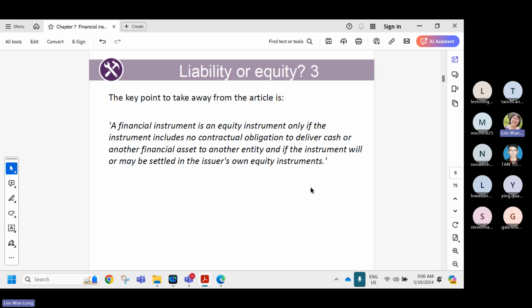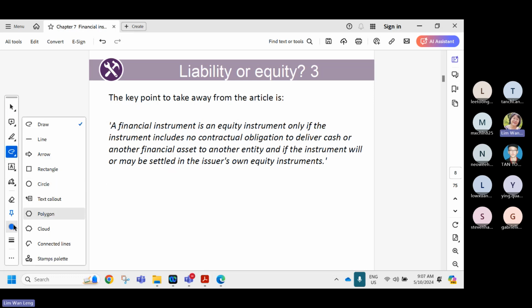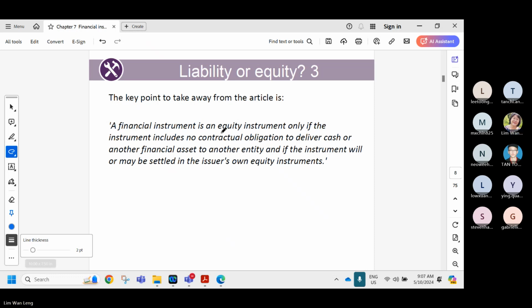Okay, so the key takeaway from this article is that a financial instrument is an equity instrument only if the instrument contains no contractual obligation to deliver cash or another financial asset, and if the instrument will or may be settled in the issuer's own equity instruments. If it comprises a contractual obligation to deliver cash or another financial asset, that is the definition of financial liabilities.